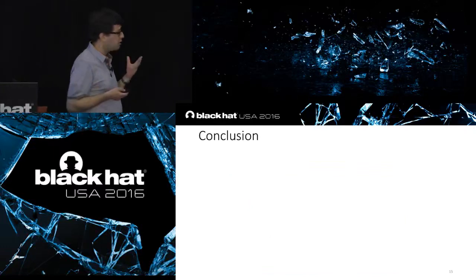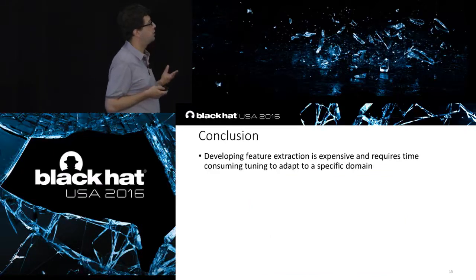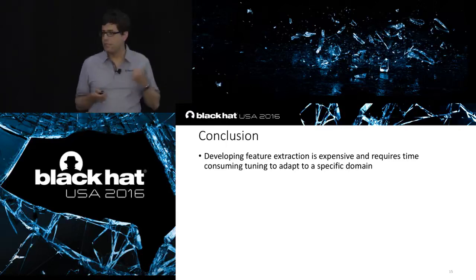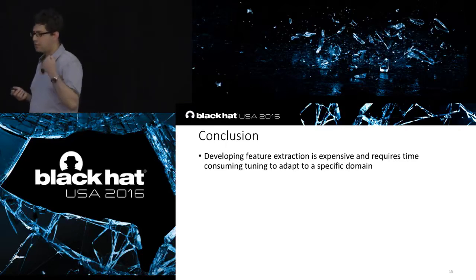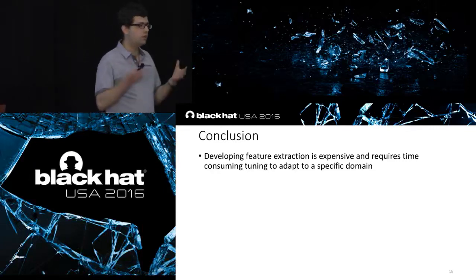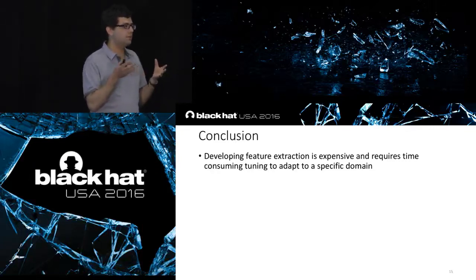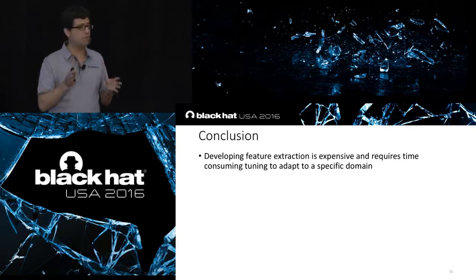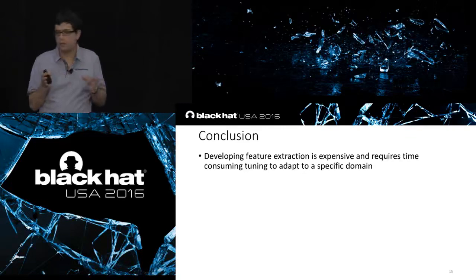So there are several takeaways from this, and the first one is that developing features is expensive. Developing the similarity system is expensive, but you don't want to start from scratch. You want to develop something that can take the already existing systems and just slightly modify them, because that's the cheapest way of going about it.